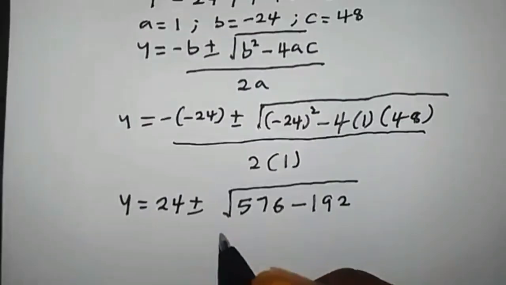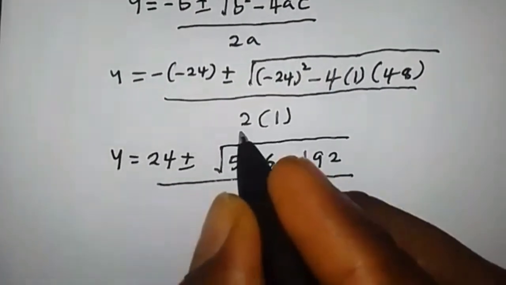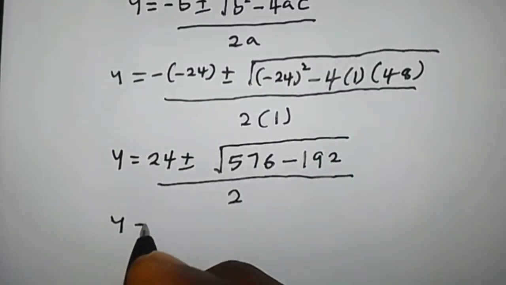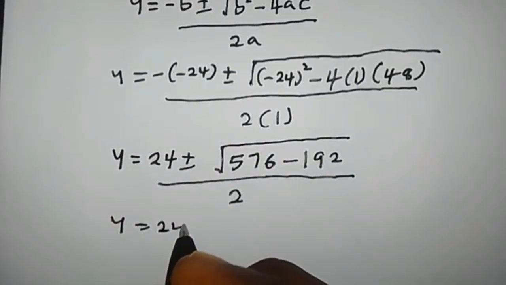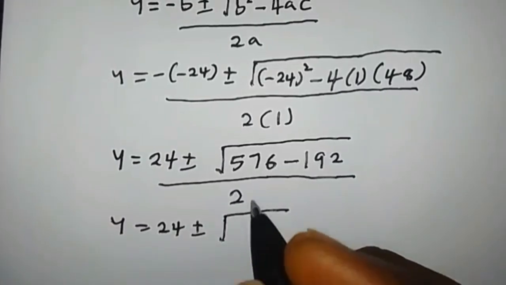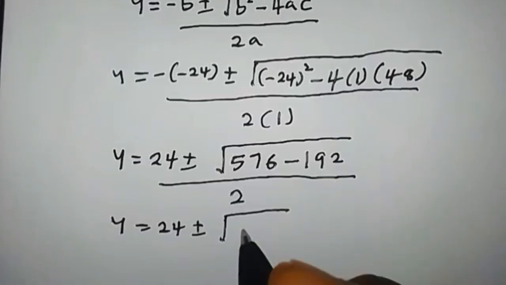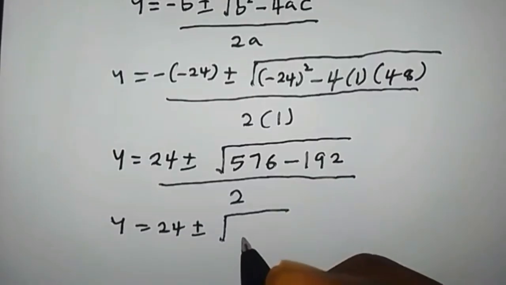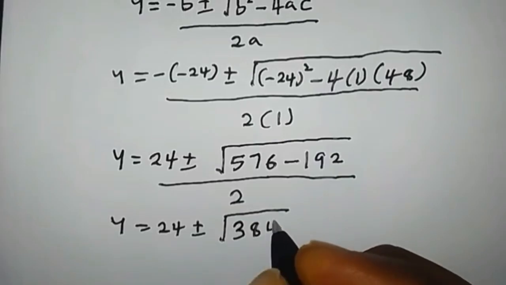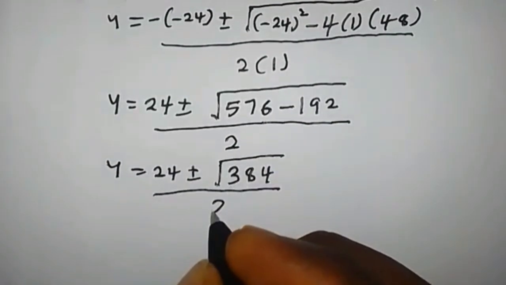Let's continue. Everything divided by 2 times 1, that is simply 2. We have y equal to 24 plus or minus square root of 576 minus 192. If you plug that into your calculator, we have 384 divided by 2.